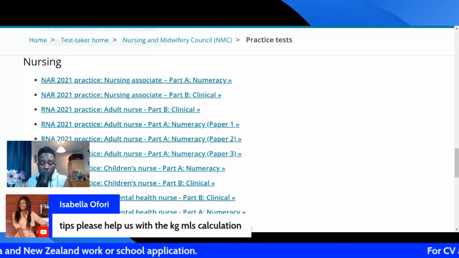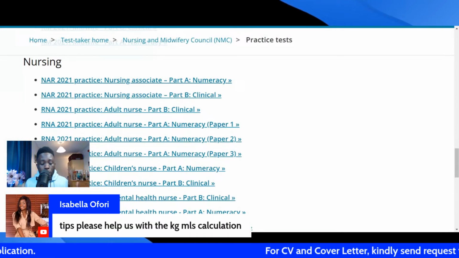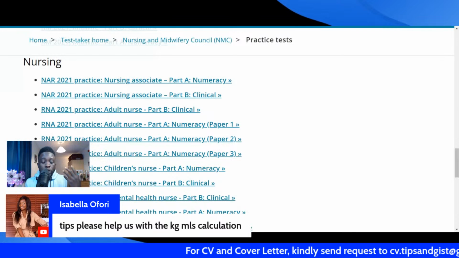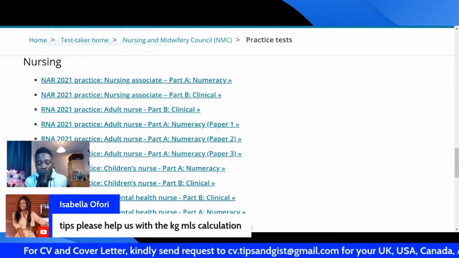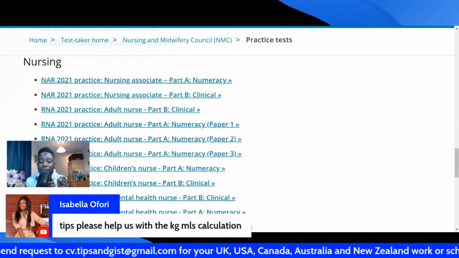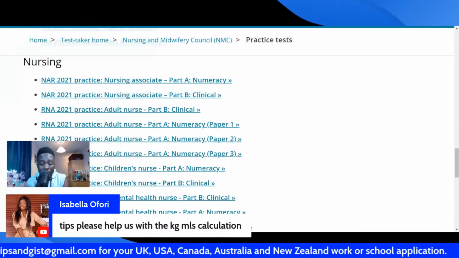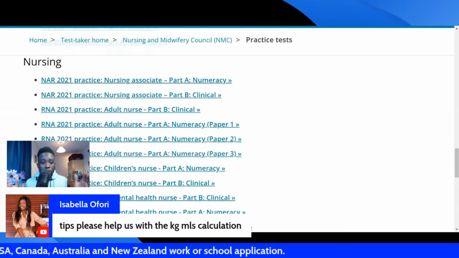If you know this basic unit, it is going to help you break it down. So go and learn: 1000 milligrams equals 1 gram, and 1000 grams equals 1 kilogram.